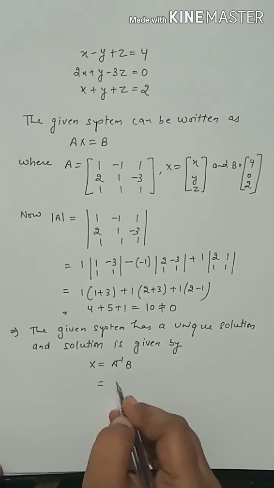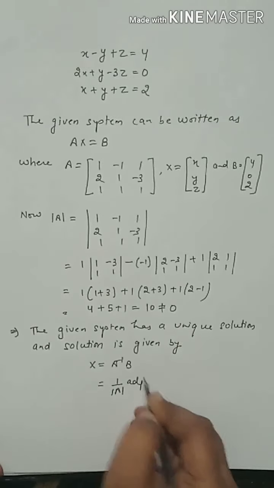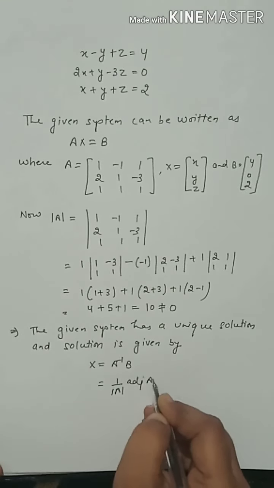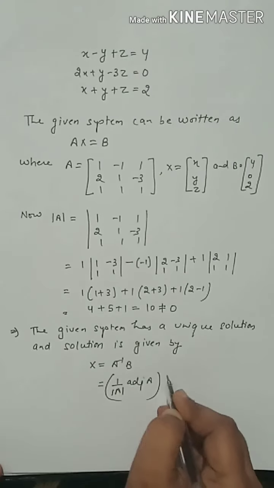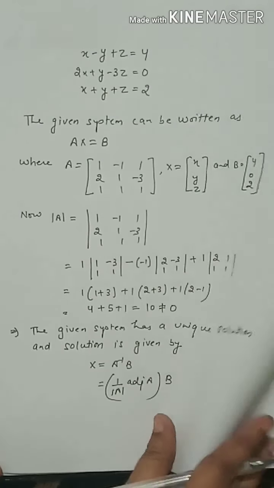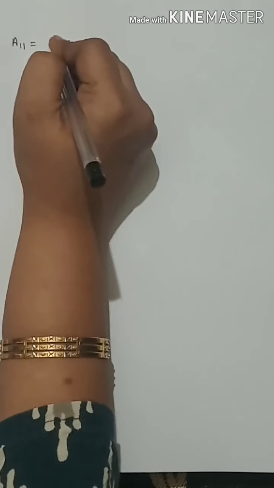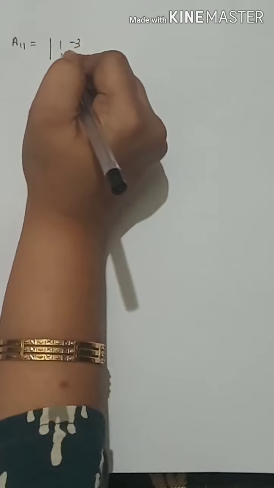And we know that A inverse is equal to 1 upon determinant A into adjoint A. Now we find the adjoint of the matrix, and the adjoint of the matrix is the transpose of the cofactor matrix of A. Now we will find the cofactors of the matrix.